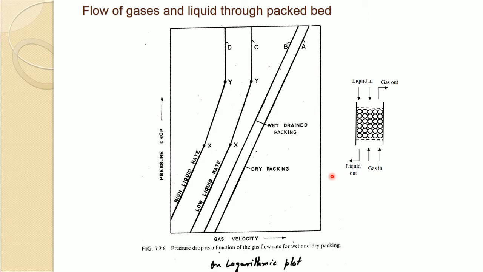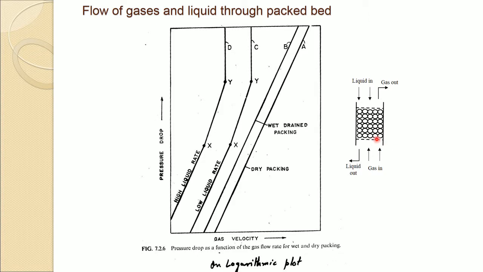So, if we take a flow of gases and liquid through a packed bed, this figure represents what happens. When gas is flowing upward and liquid is flowing downward, the situation is known as a counter current system, which you are already aware of from our last lectures.